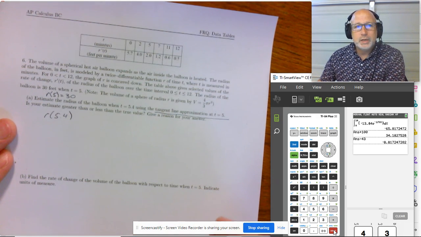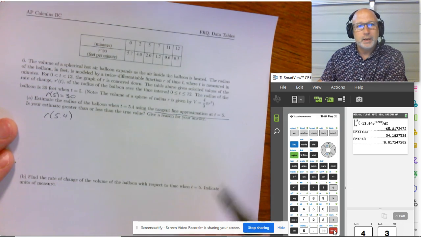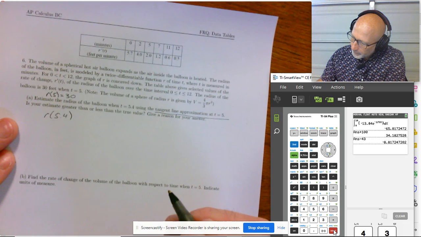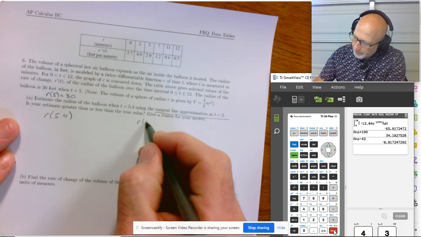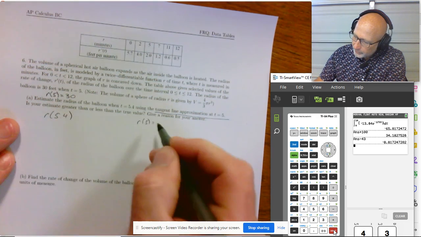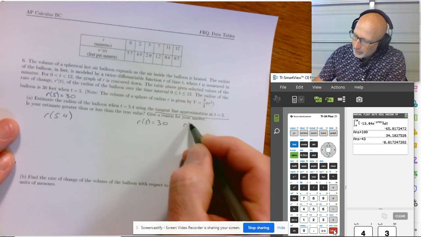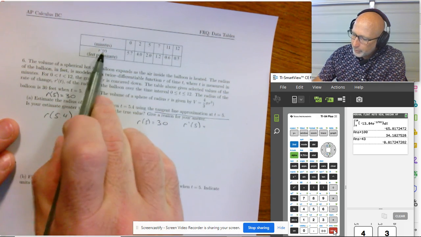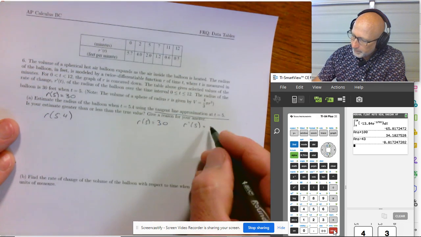So what are the two things you need to know in order to come up with the equation of a tangent line? You need to know a point. So I need to know what r of 5 is, which I know is 30. And I also need to know what r prime of 5 is, because that's the slope. Well, r prime of 5, if you go up here, is equal to 2.